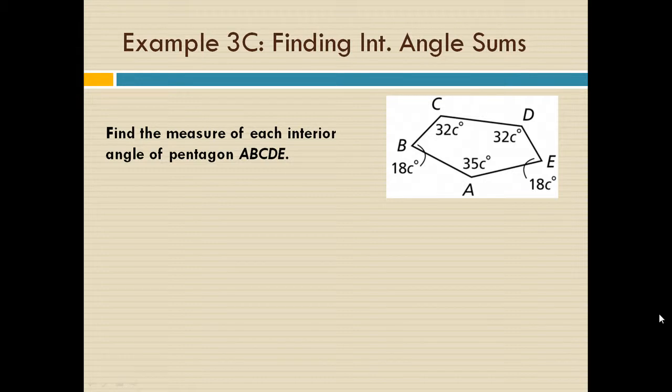Find the measure of each interior angle of pentagon ABCDE. So, if we look at our picture, they're all marked with c's. We have 18c degrees, 32c degrees, 32c degrees, 18c degrees, and 35c degrees.